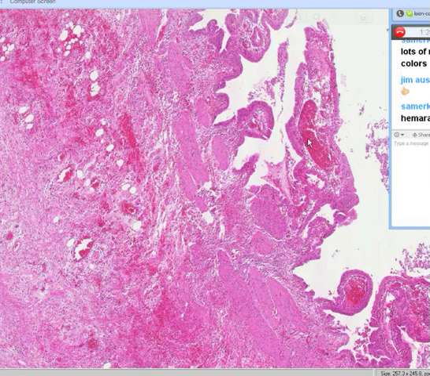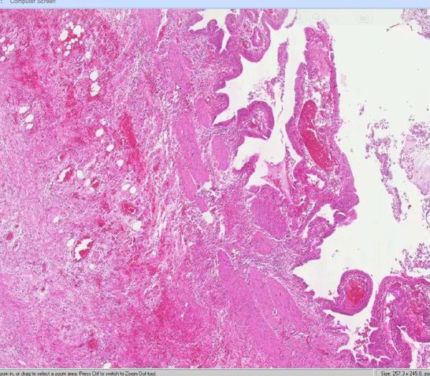Yeah, there's hemorrhage, but don't forget, besides being hemorrhage, there's a lot of dilatation of blood vessels. Remember, the number one cardinal sign of acute inflammation is dilatation of vessels.